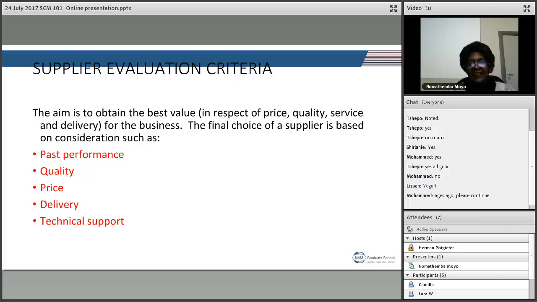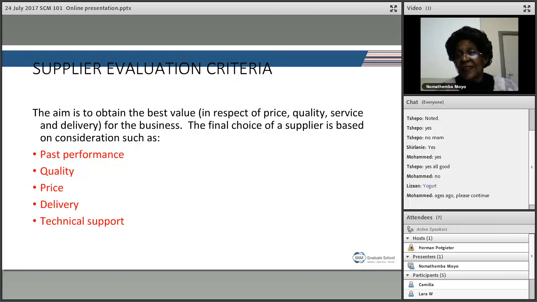Supplier evaluation criteria. The aim is to obtain the best value in respect of price, quality, service and delivery for the business. The final choice of your supplier is based on considerations such as past performance. Have they been upping their game wherever they are? Quality.